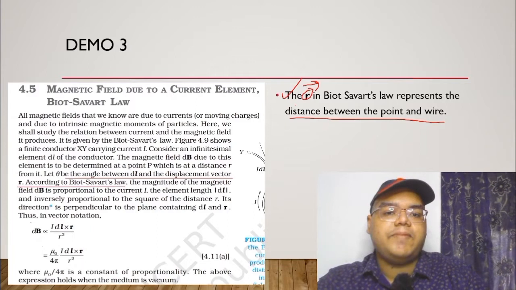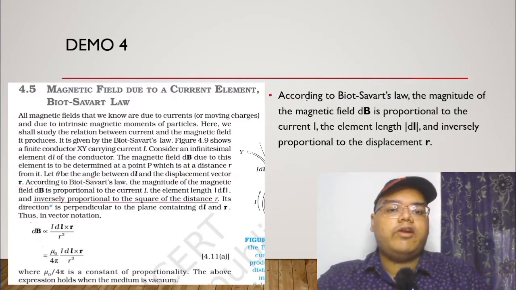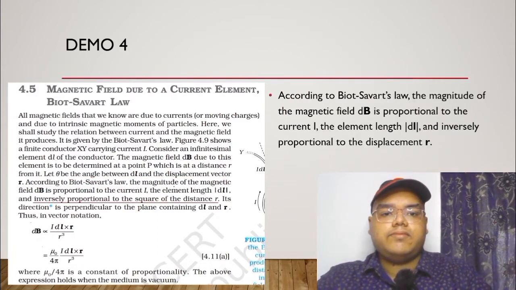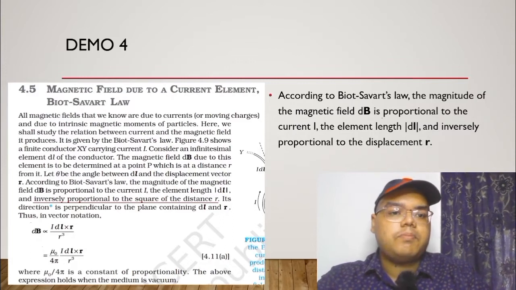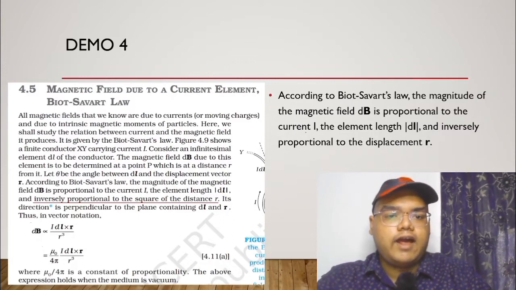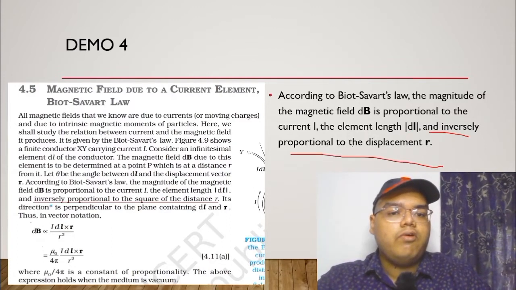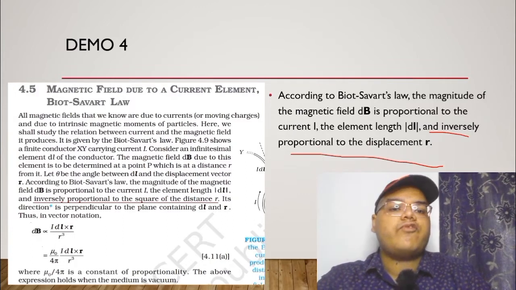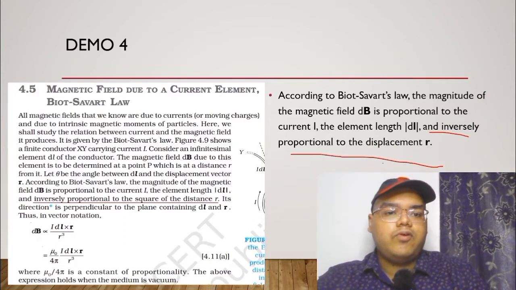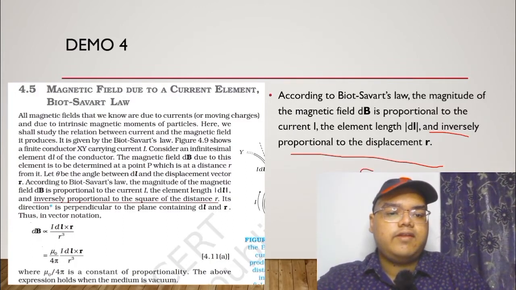So it is displacement, not distance. So it is false. According to Biot-Savart's law, the magnitude of magnetic field dB is proportional to the current I, the element length dl, and inversely proportional to the displacement r. No, it is inversely proportional to the square of displacement r. So it will be a false statement.